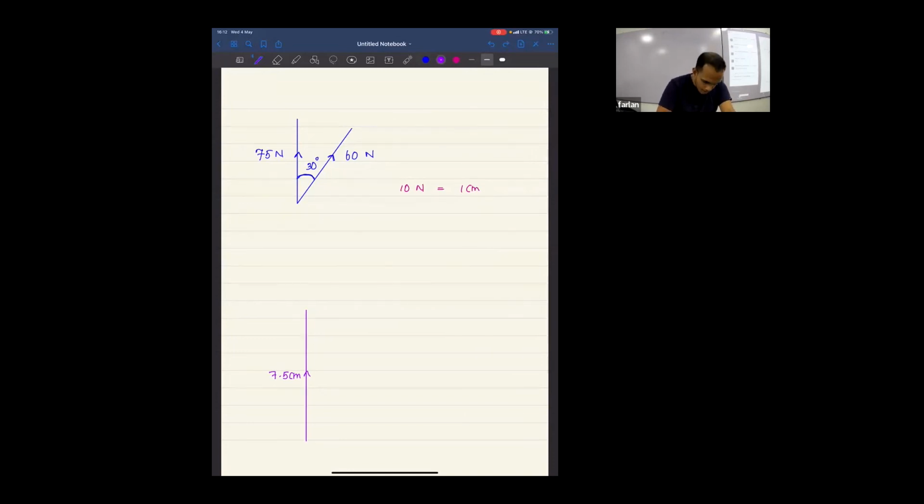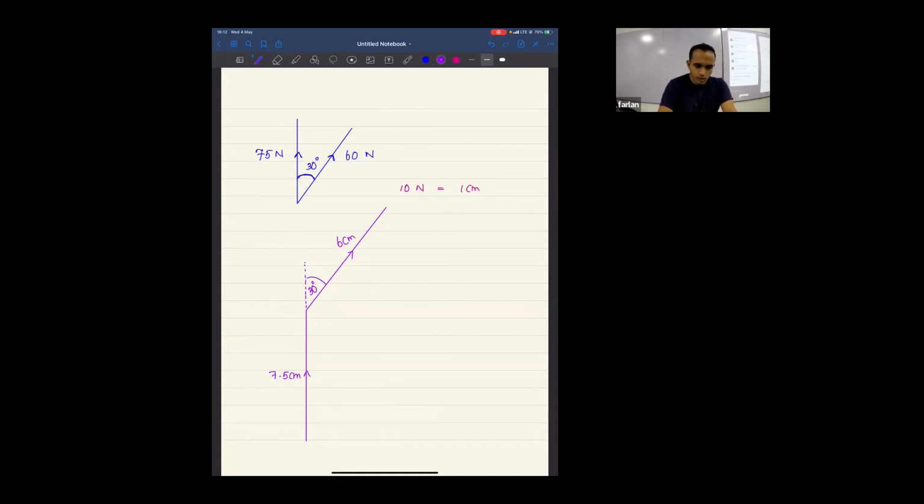So from here, I'll put a dotted line for you to see. From here at an angle of 30 degrees, draw another 6 centimeters.